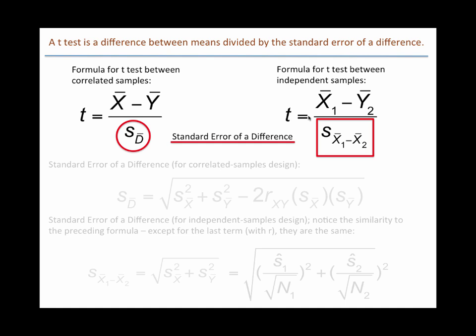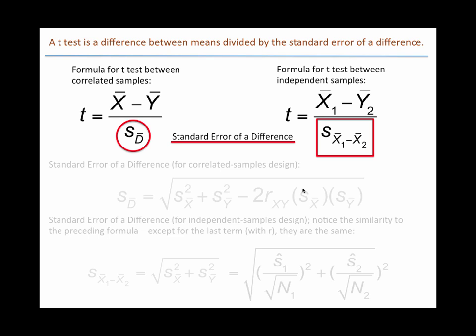But when we get to the formula for a t-test between independent samples, we are going to have 2 separate groups, or 2 samples, where each sample consists of a completely different set of people. So throughout this explanation, I'll continue to use red to distinguish the standard error of a difference, but I'll use a circle to distinguish the standard error of a difference between correlated means, and a rectangle to show the standard error of a difference between means.